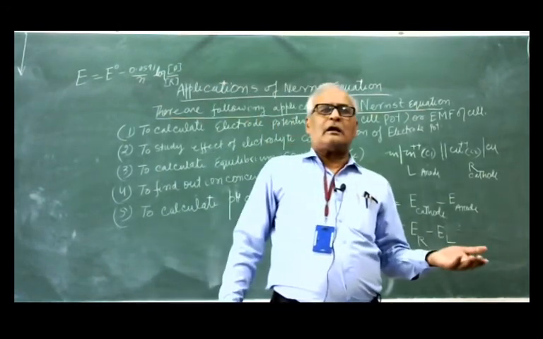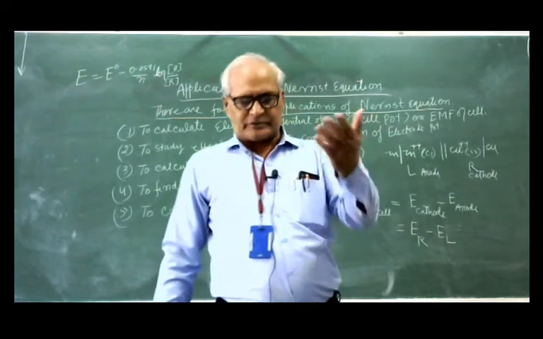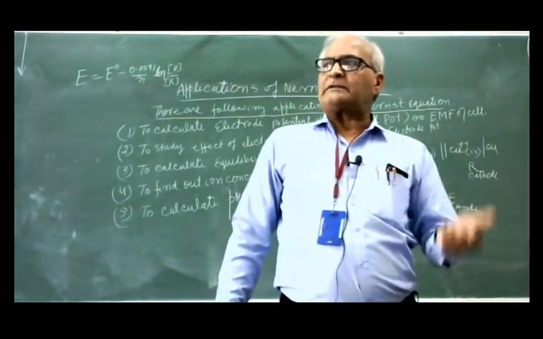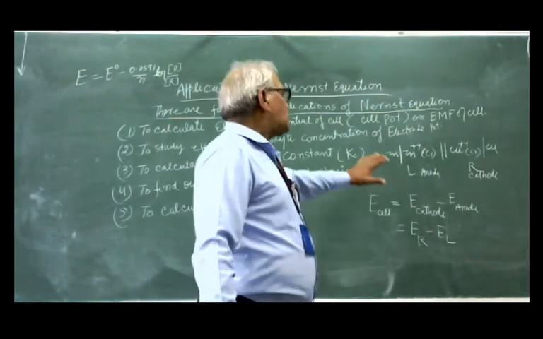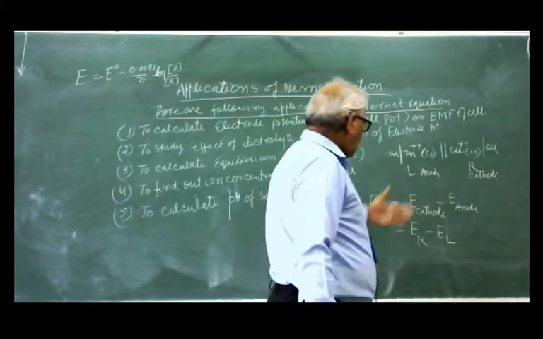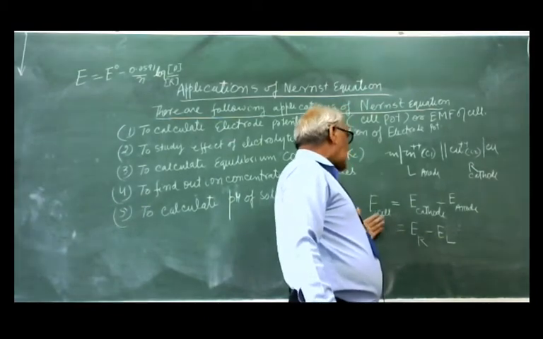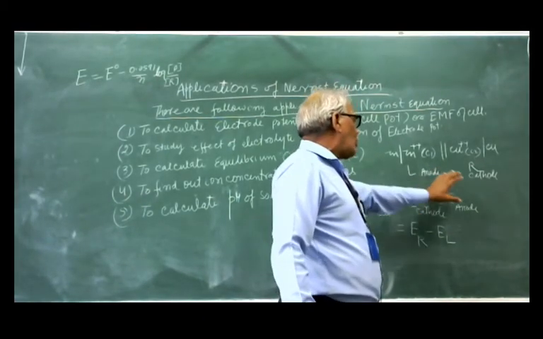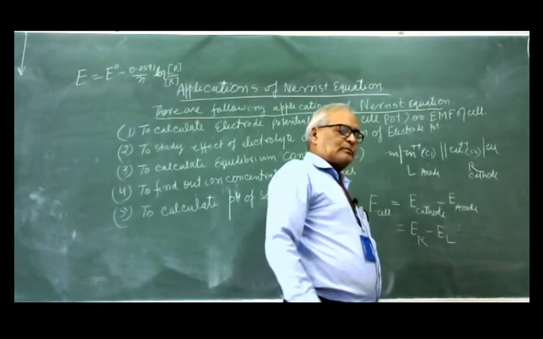EMF is electromotive force, which is the driving force for the current. So the cell potential or EMF of the cell is the electrode potential of the cathode minus the electrode potential of the anode.